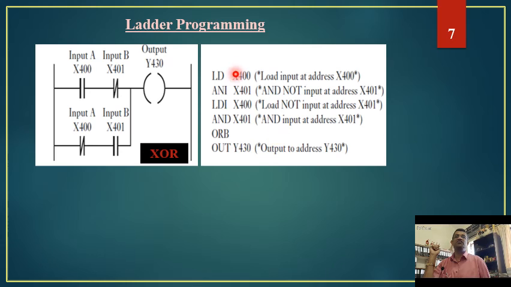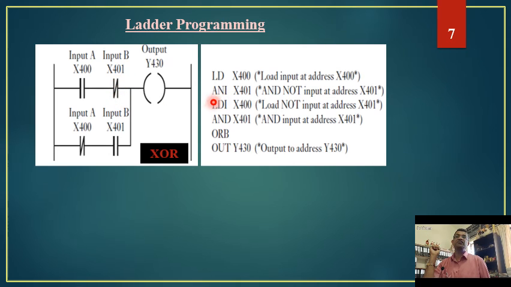So here we have the instruction set. First of all, we have to input A to a switch at X400. That is why we have LD X400. That stands for this particular input. Then in the same branch, we also have one more input, that is input B, which is connected at X401, and it is normally closed.